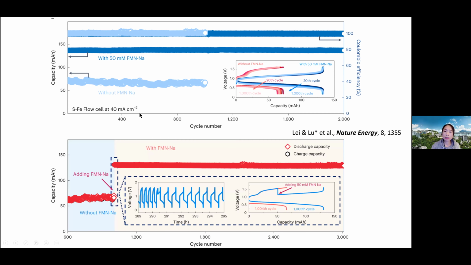We also did another test where for the cell without FMN, as we show in the light blue here, after around 900 cycles, we add FMN to the exact same cell, and then you can see the capacity just jumps significantly from around 60 to 120. You can see this is a direct proof of the effect of the molecular catalyst.